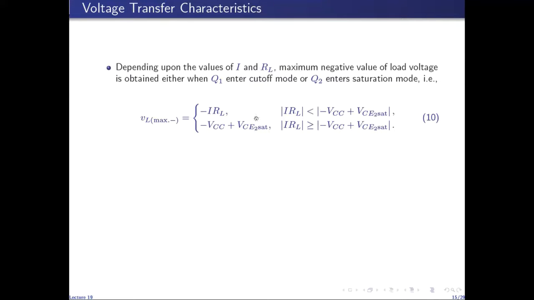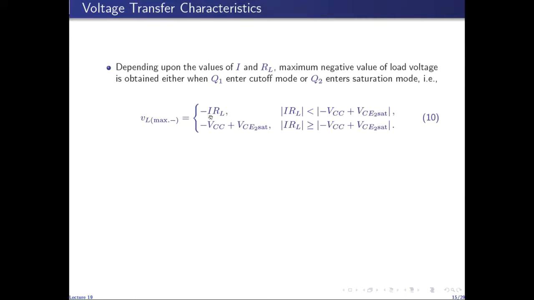So this is the voltage obtained when Q2 enters saturation mode. So if this happens before this, then the maximum will be given by this value. On the other hand, if this happens before this, then the maximum will be given by this value. So it depends upon this condition.